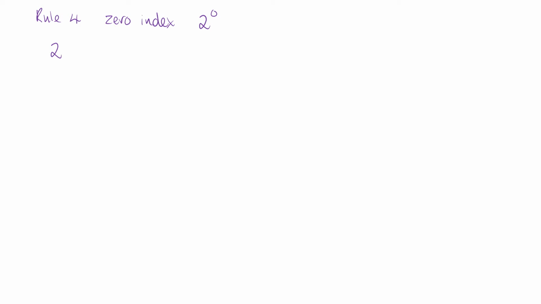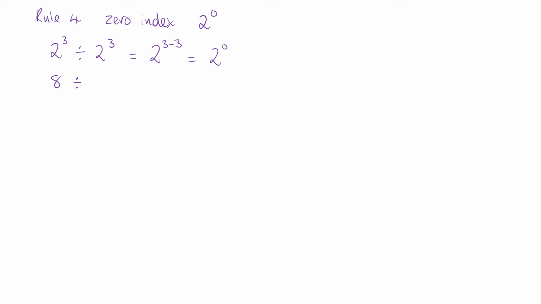So if I had 2 cubed and divided it by 2 cubed, I am dividing 2 cubed into itself. Now using rule number 2, we're going to take away those indices, but the index was the same. So 2 to the 3 minus 3 gives us 2 to the 0. But what is 2 cubed? 2 cubed is 2 times 2 times 2, which is 8.